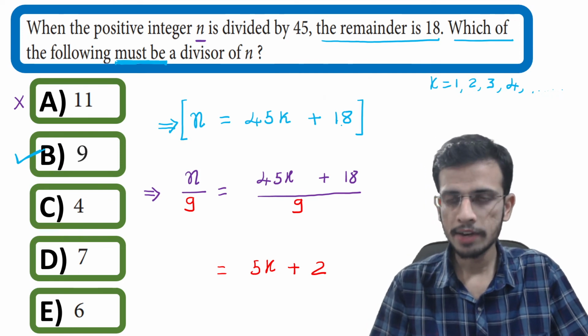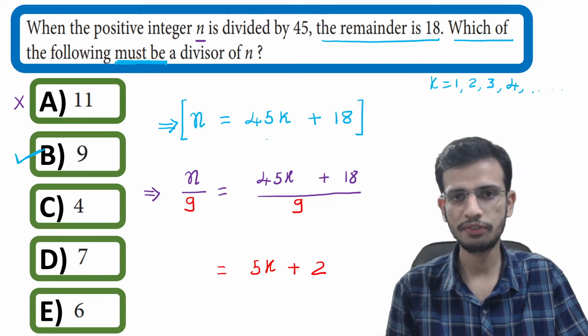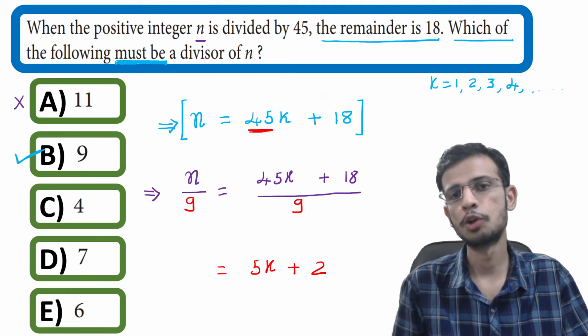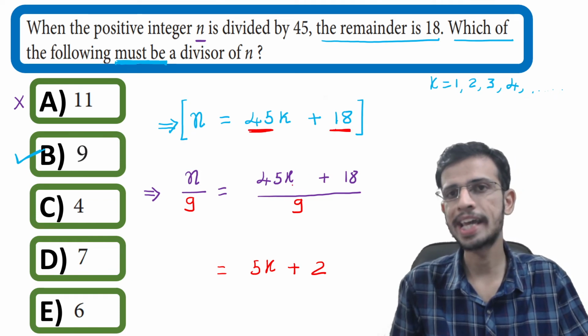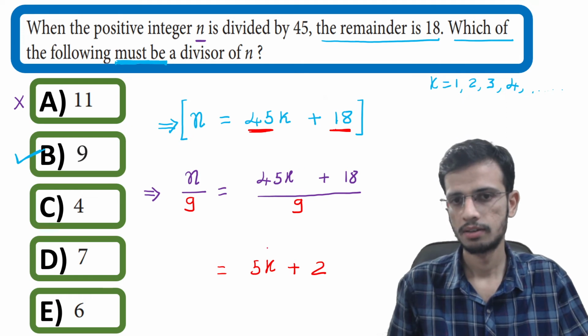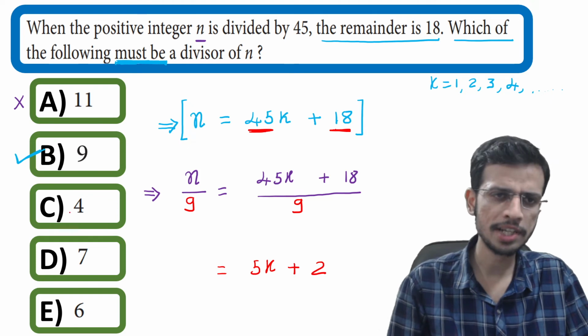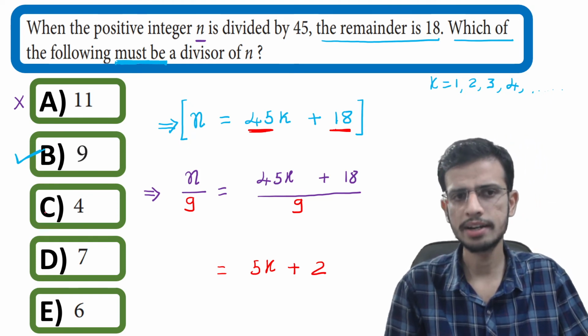So that number will be perfectly divided by 9, because this 45 and 18 are multiples of 9. Irrespective of the value of k, we got 0 remainder.